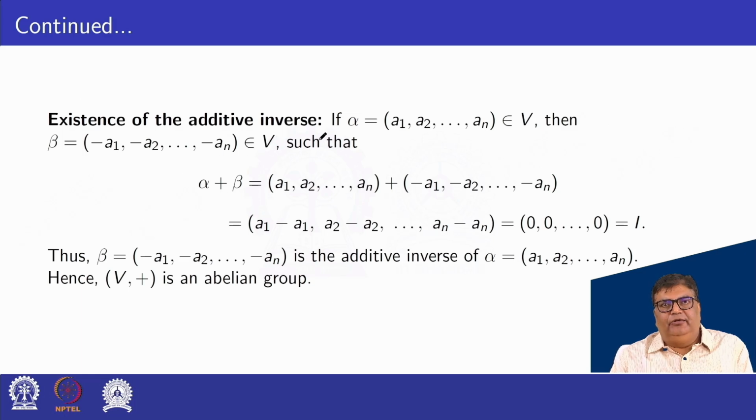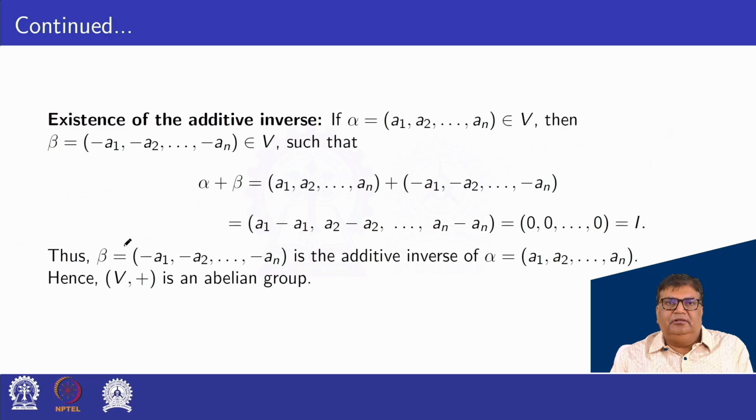Existence of the additive inverse. If alpha is equal to the n-tuple (a1, a2, and so on, an) belonging to V, then beta is equal to (minus a1, minus a2, and so on, minus an) belonging to V, such that alpha plus beta equals (a1, a2, and so on, an) plus (minus a1, minus a2, and so on, minus an), which equals (a1 minus a1, second member a2 minus a2, and so on, nth member an minus an), that is the n-tuple of (0, 0, 0), that is the identity.